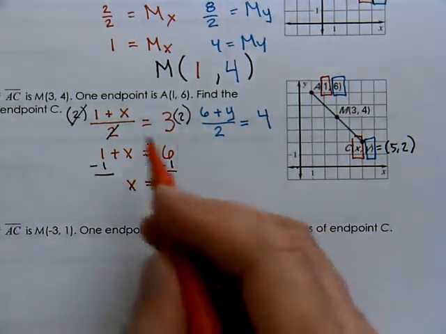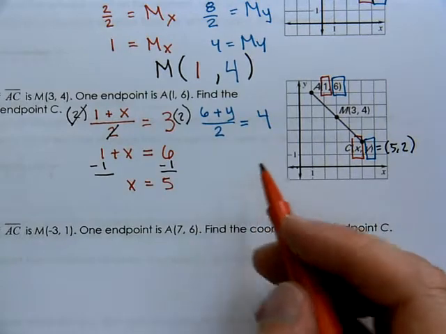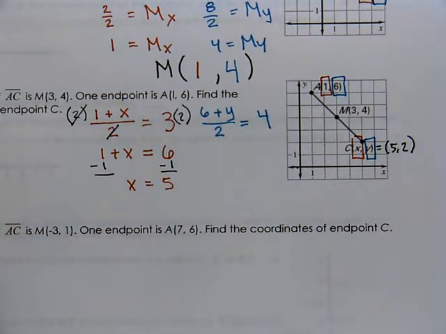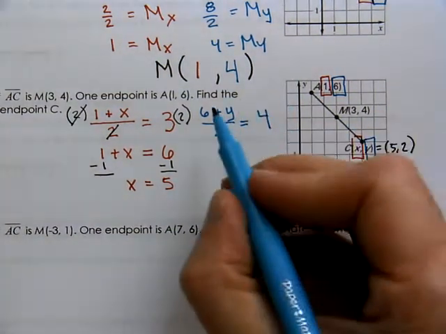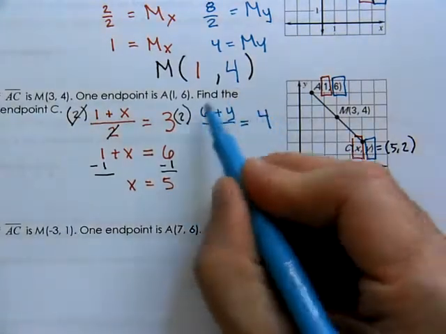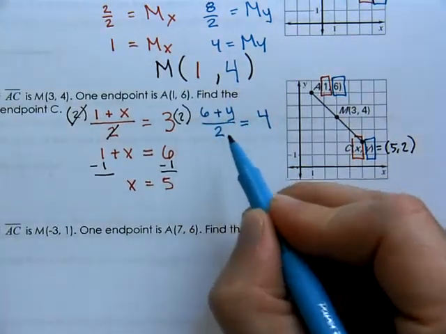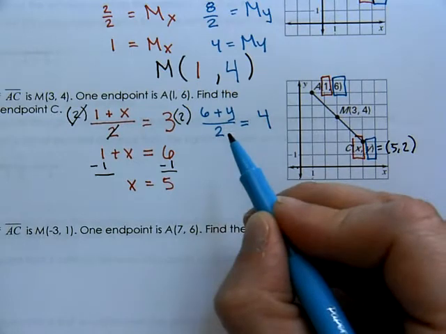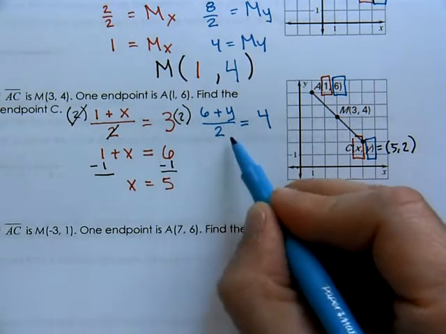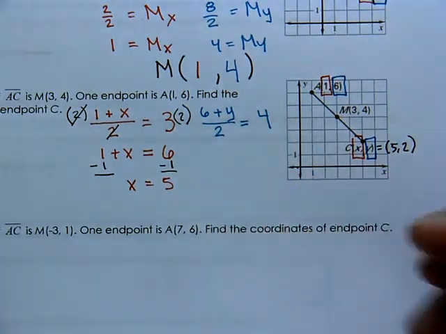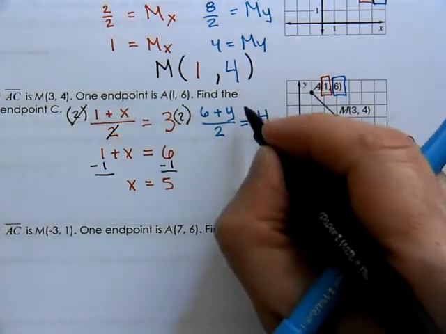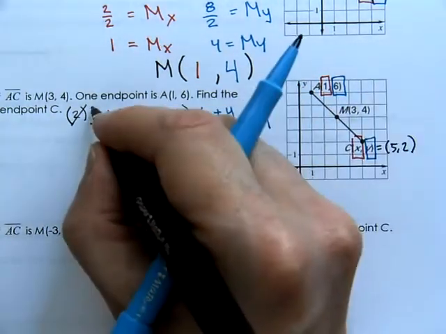We're going through pretty much the exact same sequence of steps to solve for our y-coordinate. Here, as we set up the problem with y, we have a 6 plus y divided by 2 equals 4. Again, the very first thing we want to do is get rid of that fraction, get rid of that divided by 2. So the opposite of that is to multiply both sides by 2.